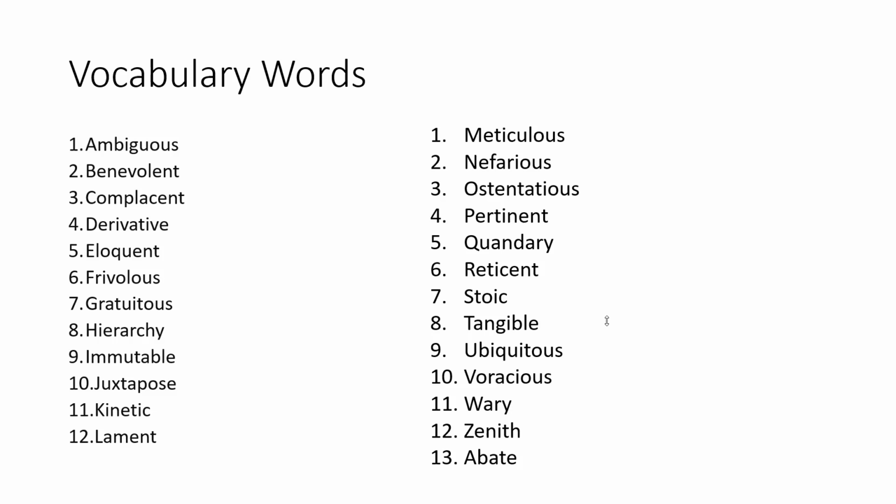Read the vocabulary words I have on the screen. Ambiguous, benevolent, complacent, derivative, eloquent, frivolous, gratuitous, hierarchy, immutable, juxtapose, kinetic, lament, meticulous, nefarious, ostentatious, pertinent, quandary, reticent, stoic, tangible, ubiquitous, voracious, wary, zenith, and abate. Thank you. Anyone else want to try?